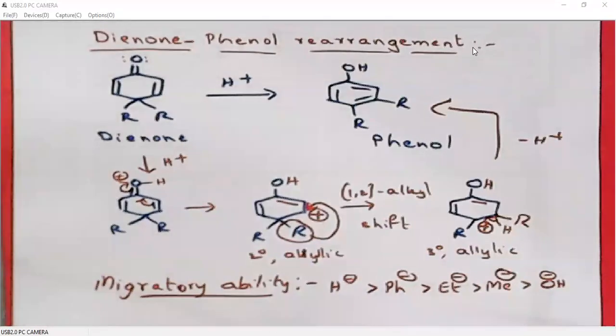There is no relationship between migratory abilities in pinacol-pinacolone rearrangement and dienone phenol rearrangement. It is completely different. In dienone phenol rearrangements, the migratory abilities are in this order: hydride, followed by phenyl, then ethyl, methyl, and the least priority is hydroxyl.